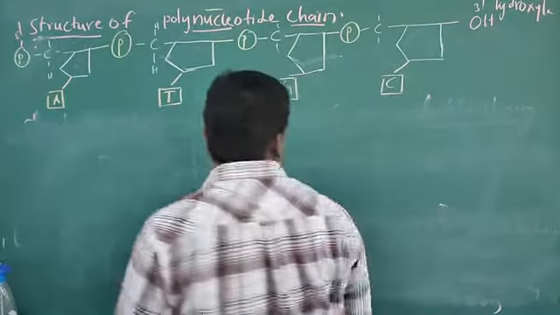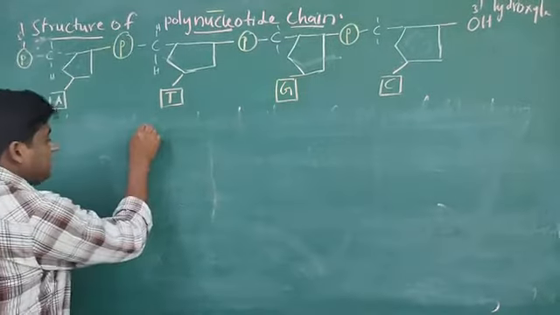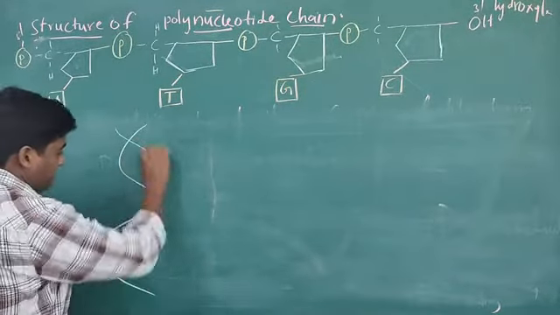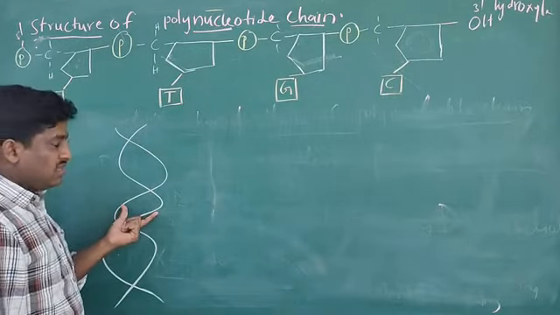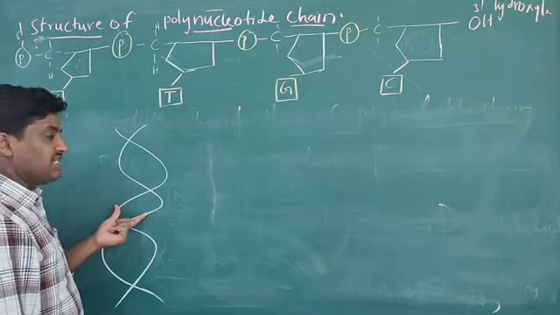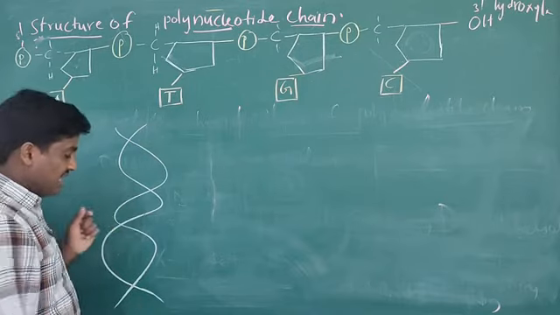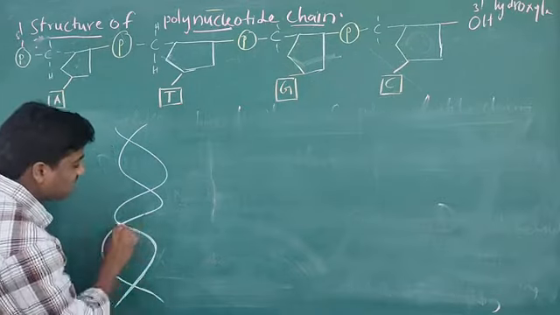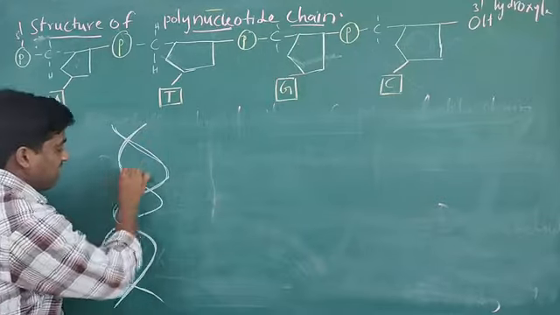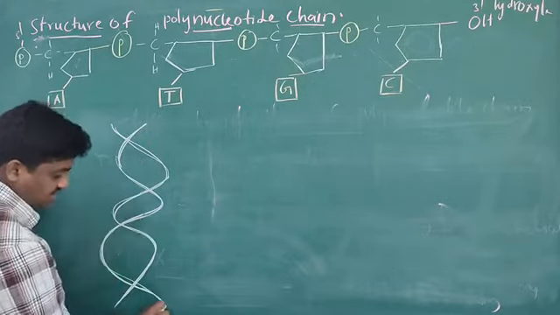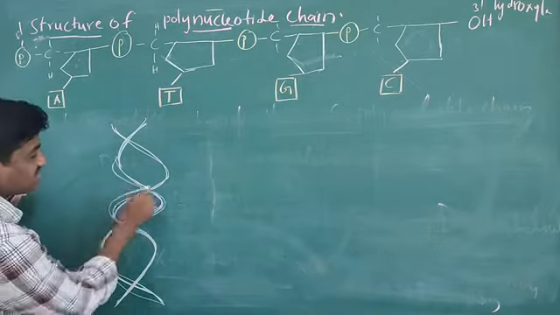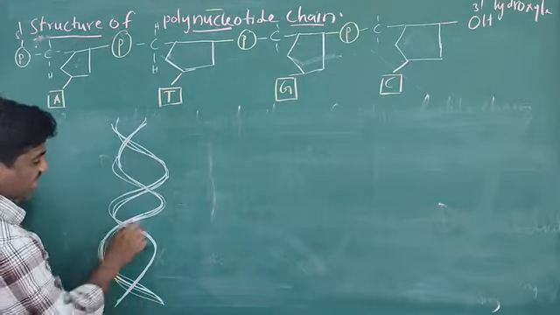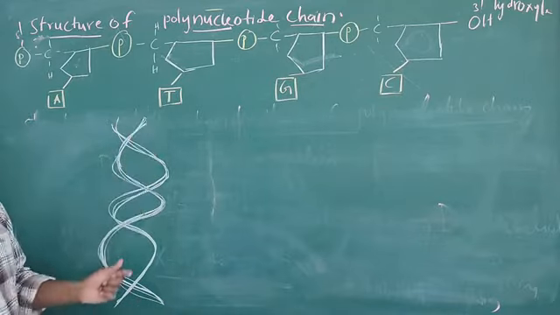Double helical model means it sits like this in the DNA. Watson and Crick proposed, that means discovered, the double helical model of DNA. This is the one helix, this is the another helix. Turns. So this is the one helix, this is the another helix: double helical model.